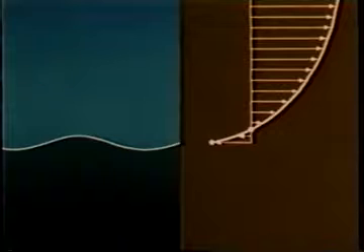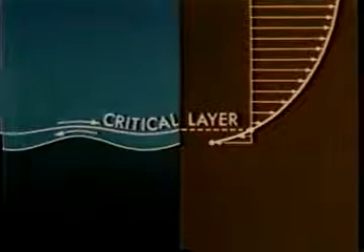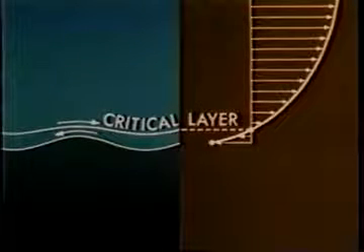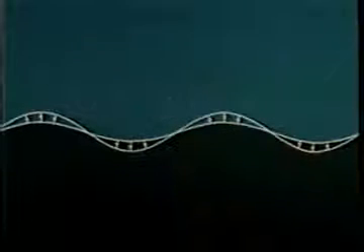The action of viscous and turbulent stresses across the critical layer will result in a change in the pressure distribution on the waves from that given by potential flow. The net result is to shift the pressure distribution to the right, and we see now how the pressures can do work on the waves, push them along, so to say.